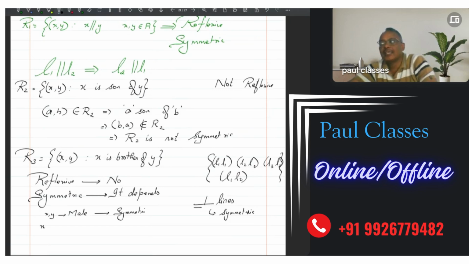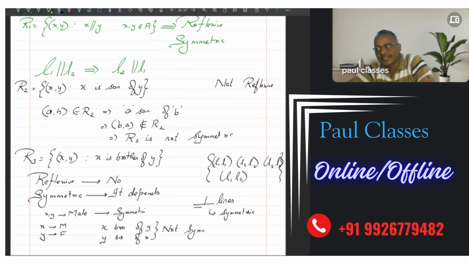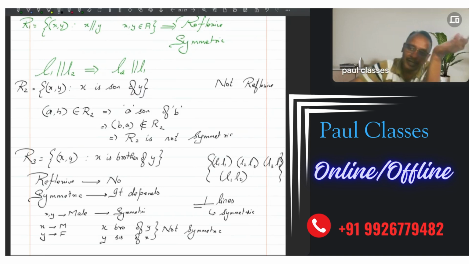But if X is male, Y is female, X is brother of Y, very naturally Y would be the sister of X. So in this case, I'll say it is not symmetric. X related to Y, equal relation should be there for Y related to X, then we call it a symmetric relation. Understood?